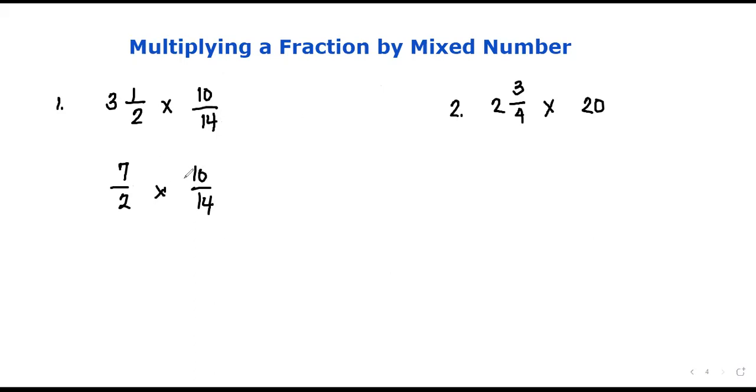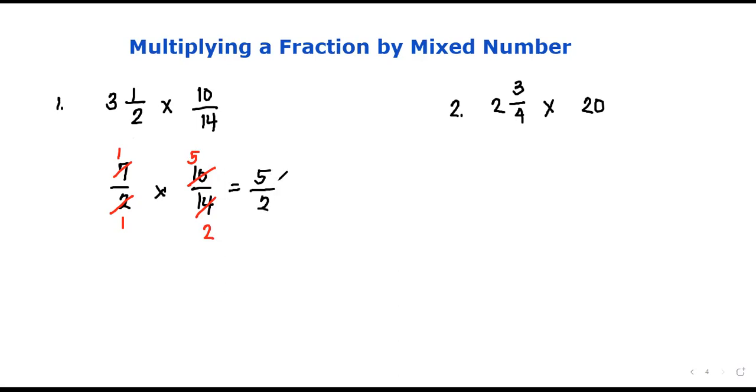With this, we pair 2 and 10. Their GCF is 2, so 2 divided by 2 is 1, and 10 divided by 2 is 5. We also pair 7 and 14. The GCF is 7, so 7 divided by 7 is 1, and 14 divided by 7 is 2. Don't forget to multiply the ones left. So 1 times 5 is 5, and 1 times 2 is 2.